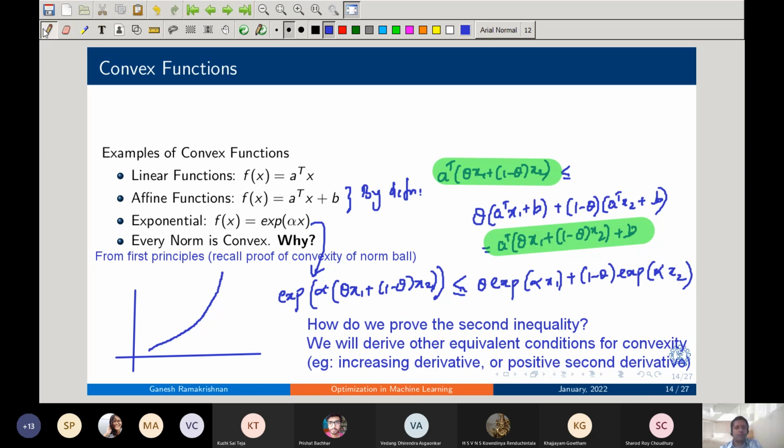But this part I would really leave to you as homework. The fact that every norm is convex, I'll leave this as a homework problem. You should really try that because we have done this already, so it shouldn't require any further effort. Any questions?